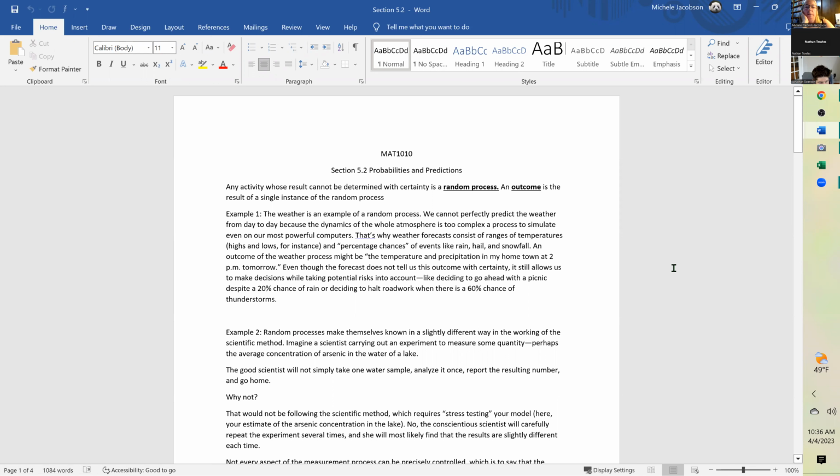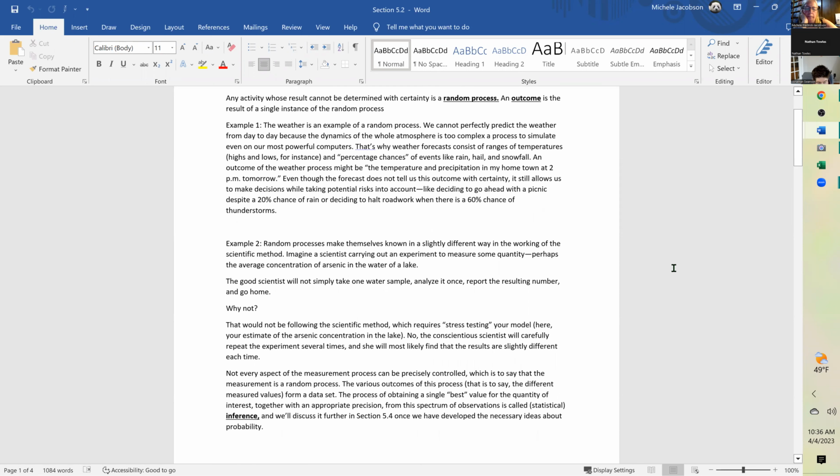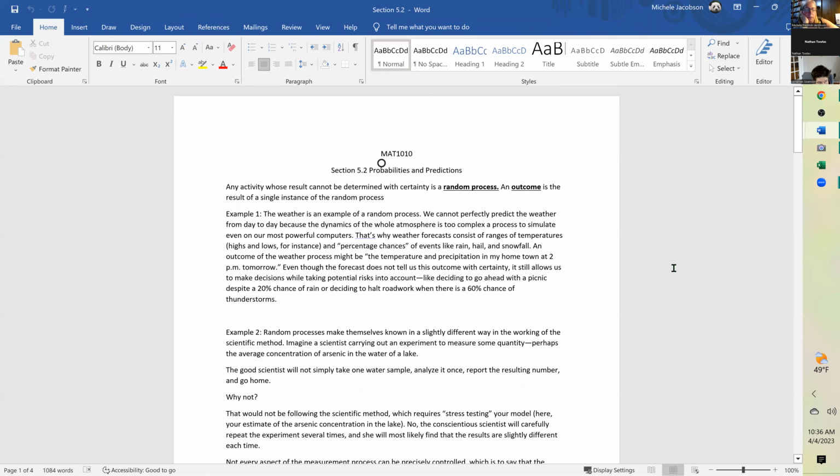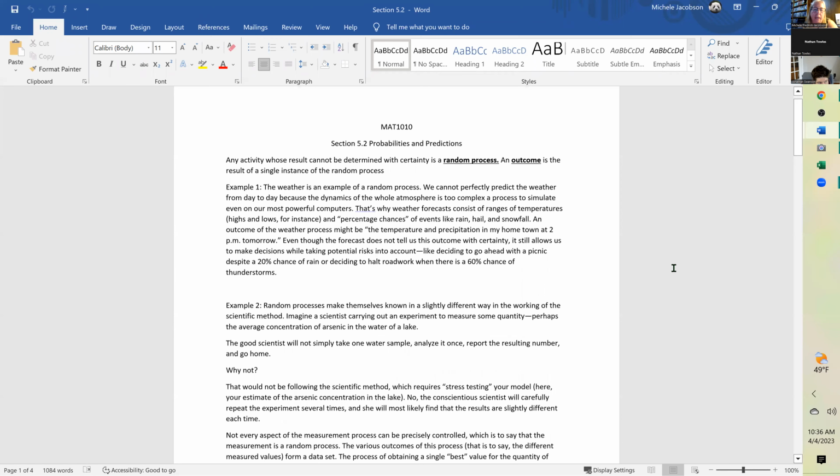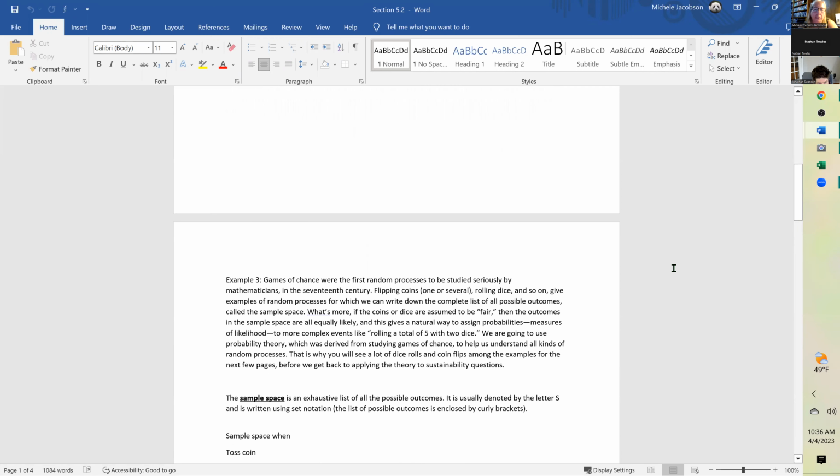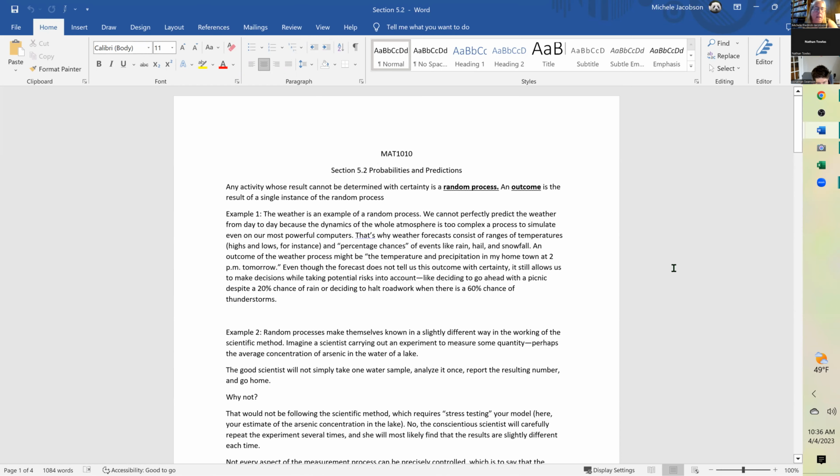Section 5.2 is probabilities and predictions. Go ahead and read the beginning of it. A lot of it's reading, and I would rather have you read through it first and then I'll explain it. But are there any questions on anything from the last section?